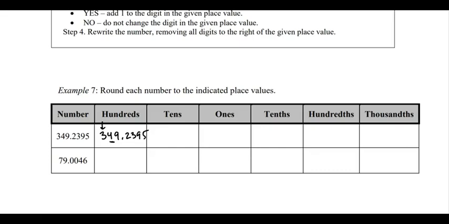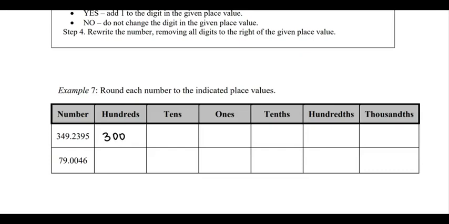There's no change needed, and I am replacing the rest of the digits to the left of the decimal point with zeros. So 349.2395 to the nearest hundreds place is 300.